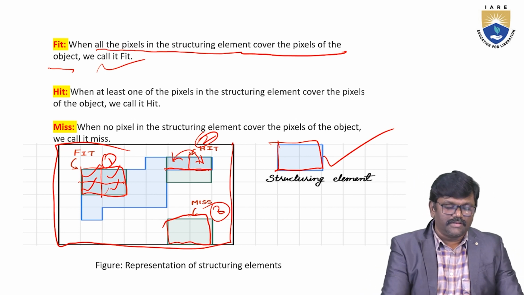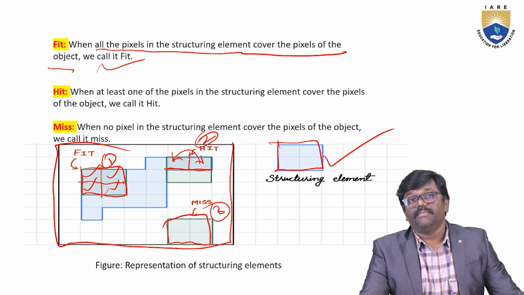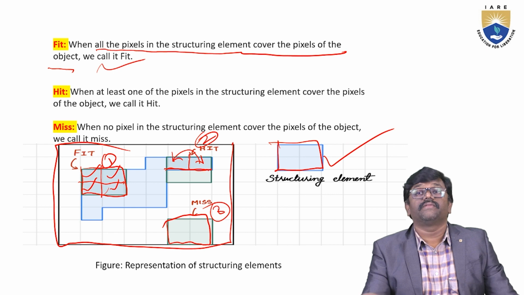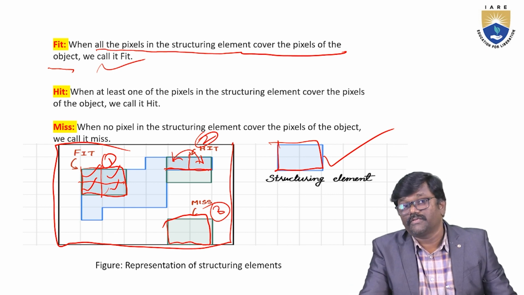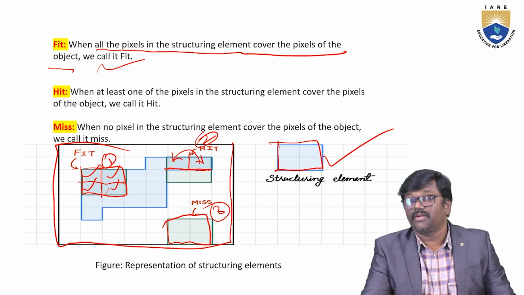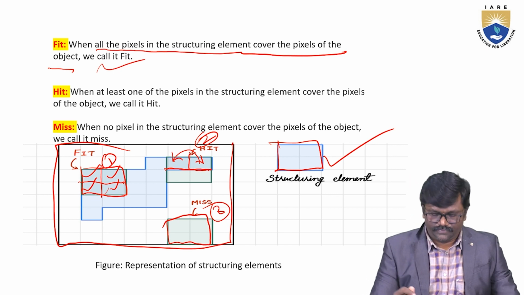Based on these differences, we are going to understand how morphological image processing is processed in terms of the representation of structuring elements, considered in terms of certain terminologies. What are the structuring element terminologies? Number 1 fit, hit, miss.